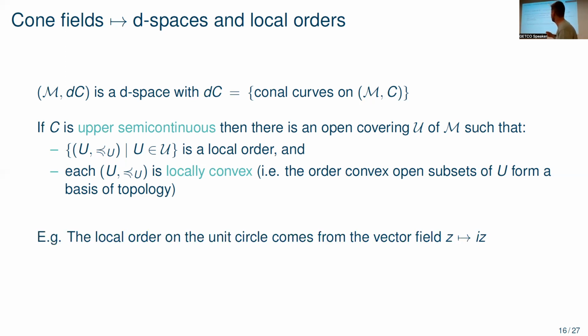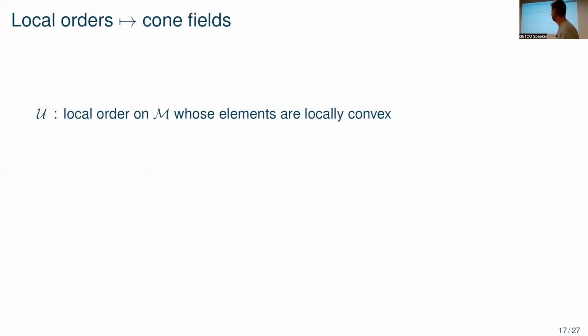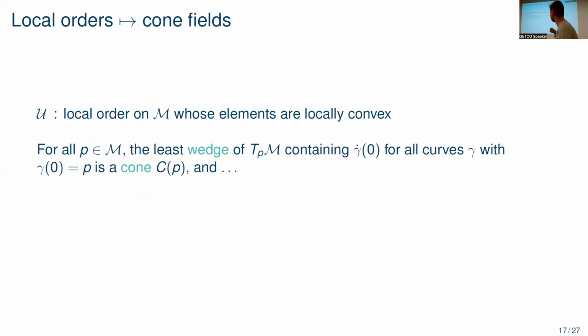Well, the easiest example is the circle with the usual vector field. But then you can also go the other way around. If you start with a local order whose elements are locally convex, then you can recover the cone field. It's a bit more difficult.